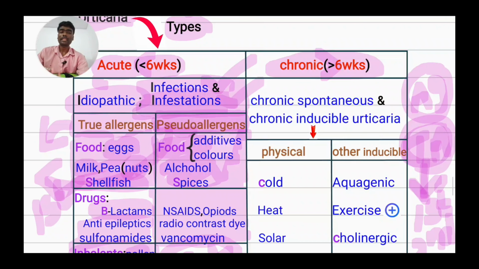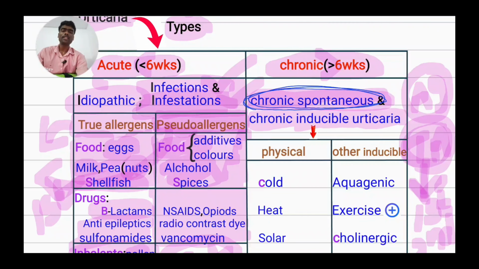Coming to classification of chronic urticaria: chronic spontaneous and chronic inducible urticaria. If urticaria is developing on its own without any known external stimuli, it is chronic spontaneous urticaria. Previously we used to call chronic idiopathic urticaria, chronic autoimmune urticaria, but now those two terms are replaced by a bigger broad heading, chronic spontaneous urticaria.